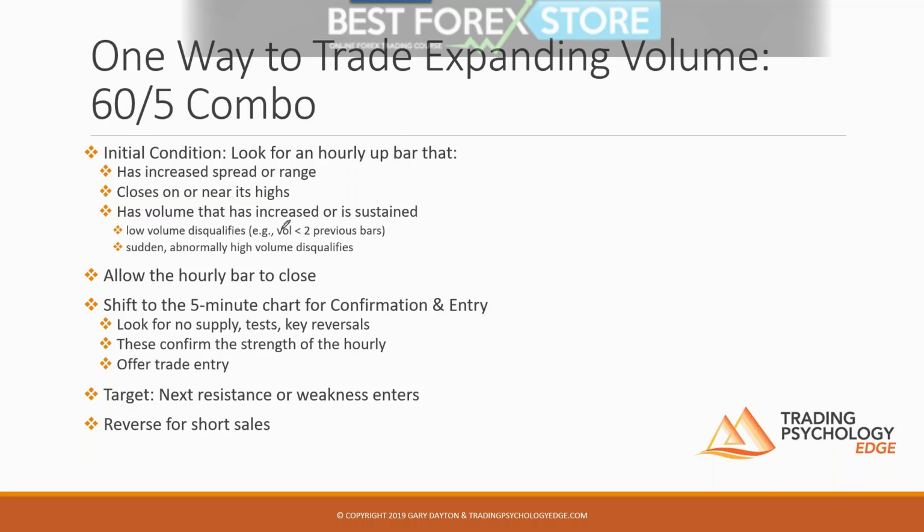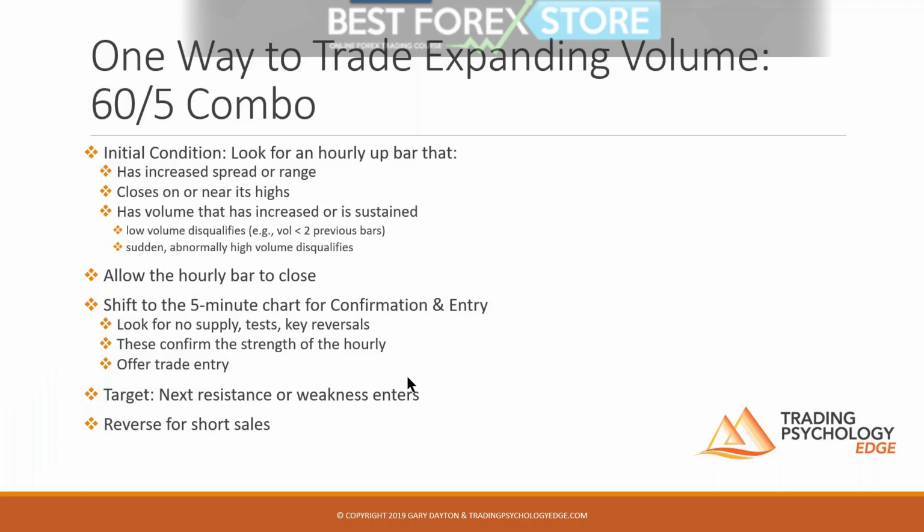For low volume, we often use this little model: the current volume is less than the volume on the previous two bars. That's not a rigid rule, but it's a good one if you're just starting out. Just remember it's not rigid.